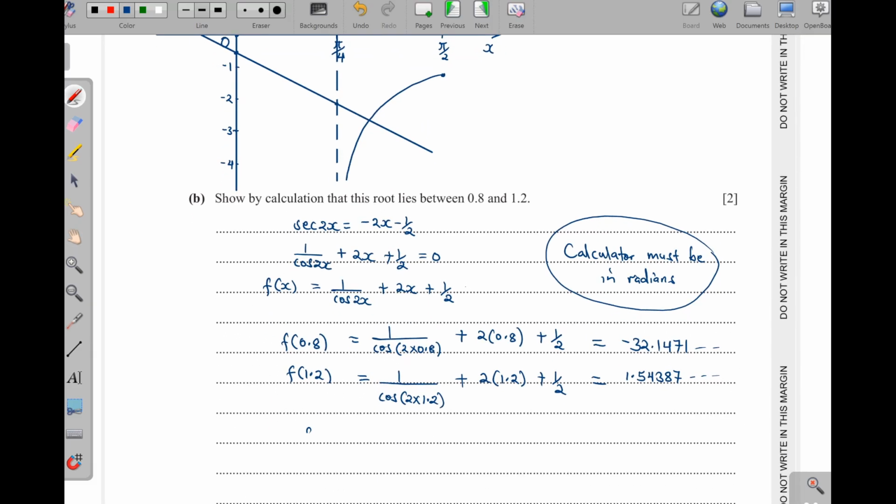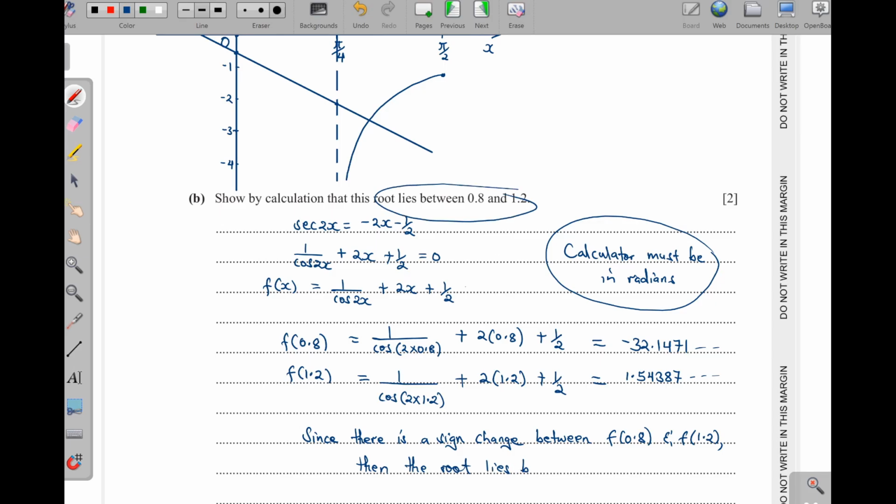So you conclude, you don't just stop there. You say, since there is a sign change between f of 0.8 and f of 1.2, the root lies between 0.8 and 1.2.